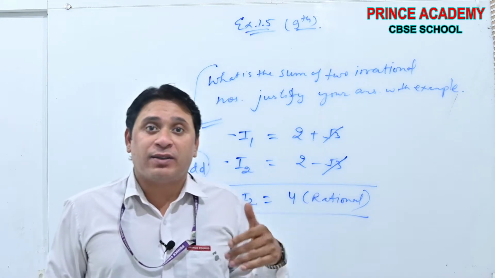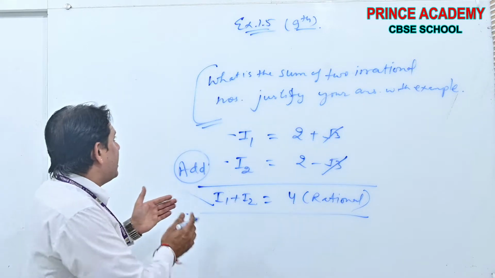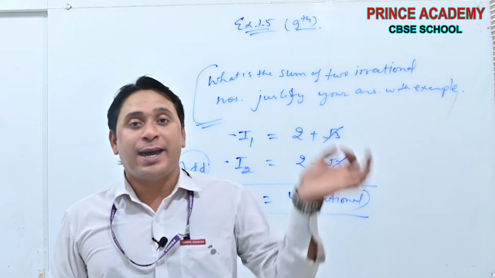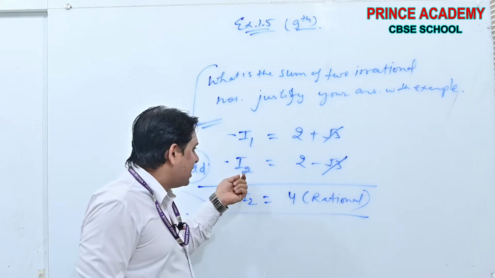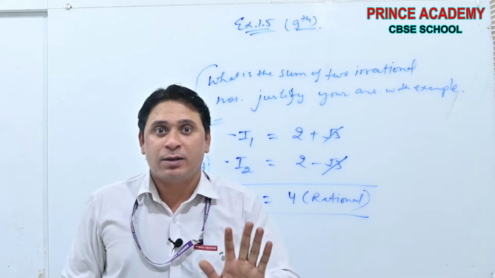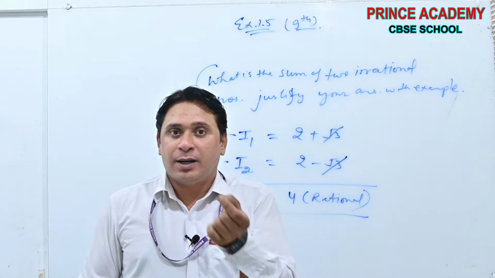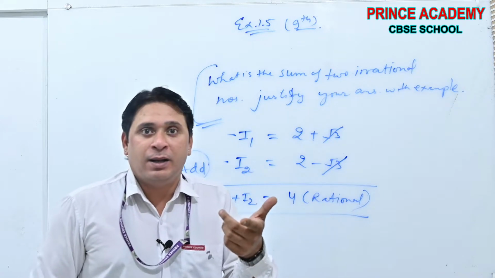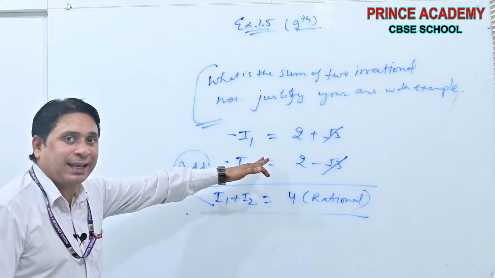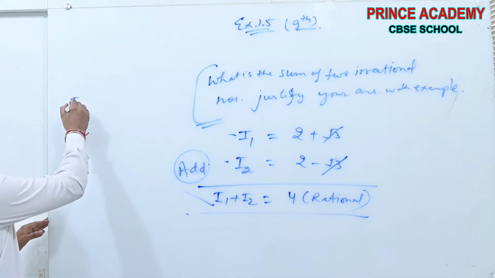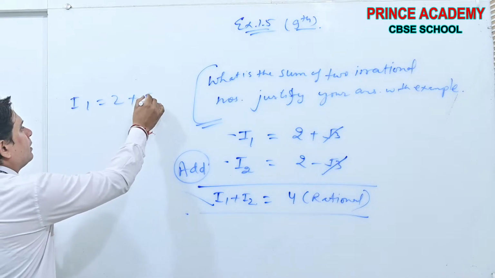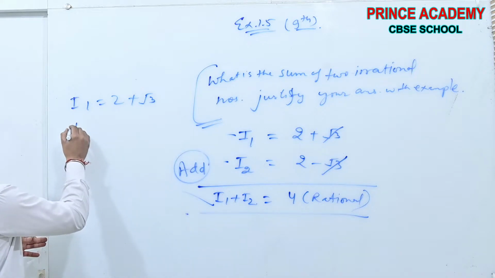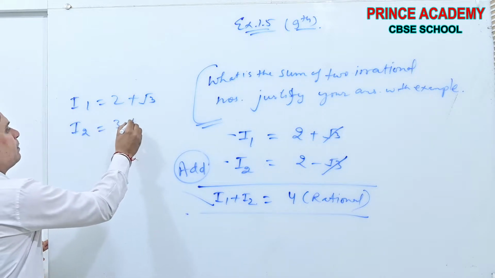Then they further asked, oh sir, you mean to say the sum of irrationals is always rational? I said, just listen to me sir, give me 1 minute. I am giving you the next example. See beta, I1 was the same, and I then gave another example, 3 plus root 3.